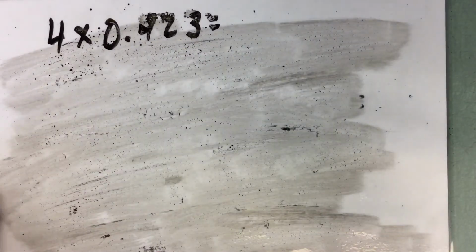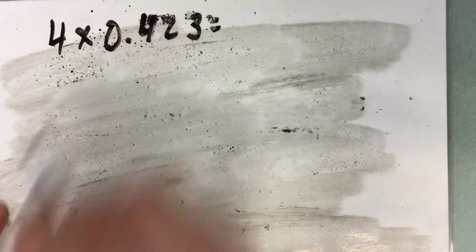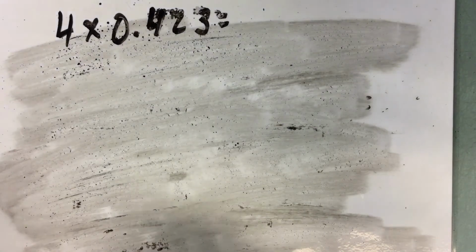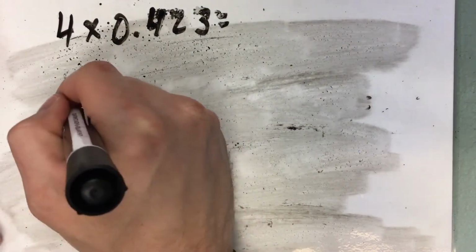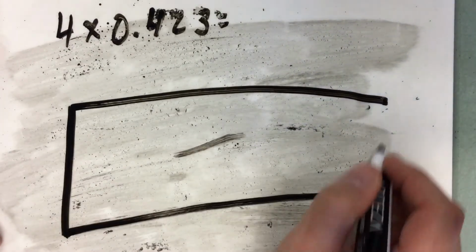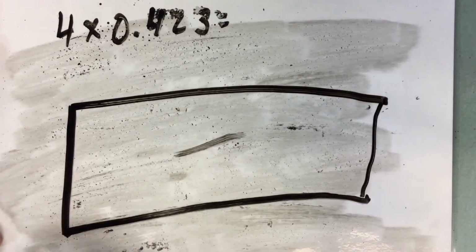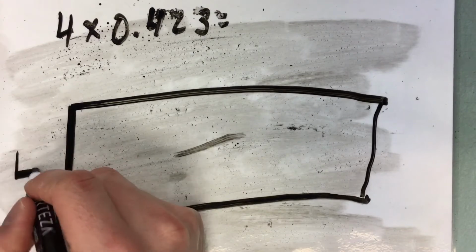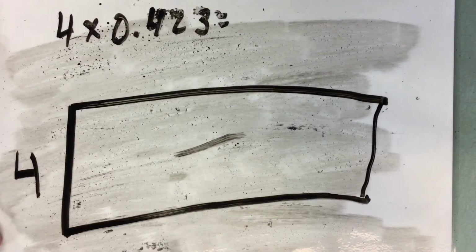Go ahead and pause this video, and we're going to work it out using the area model on the back. So for our area model, we're going to create a rectangle. And I'm going to say that this length represents my whole number, or 4.